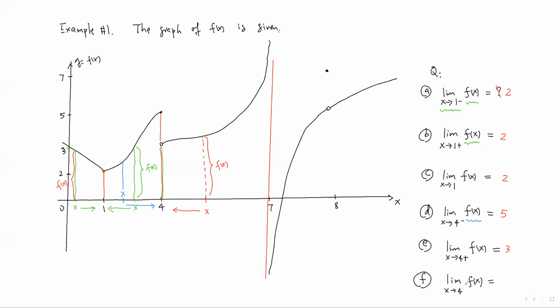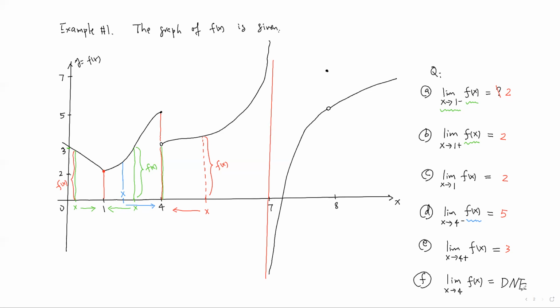Therefore, according to convention number 2, this both sided limit doesn't exist. Because we found as x approaches 4, 2 different limits. More than one limit, we say that the limit doesn't exist. This is a convention.